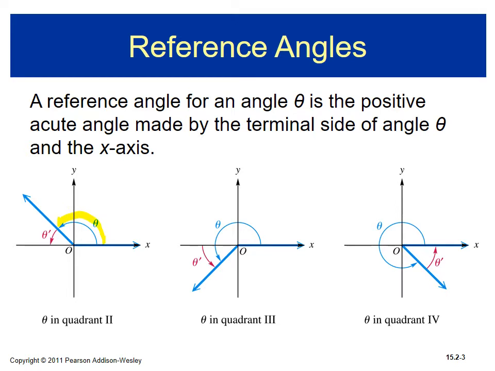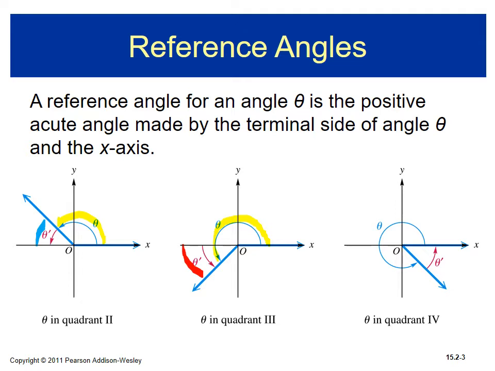On the other side of that, we have this reference angle, and that is what we call theta prime. And here we have our initial angle, and then our reference angle would be this one right here. That'd be theta prime.